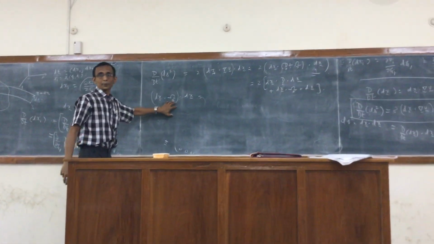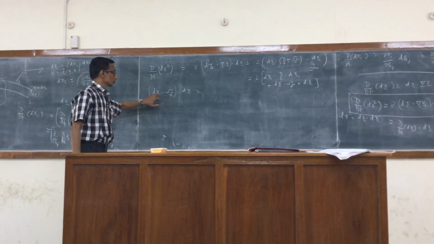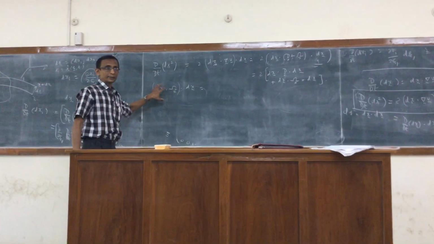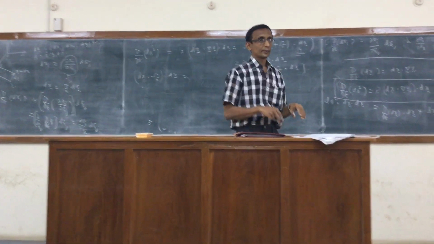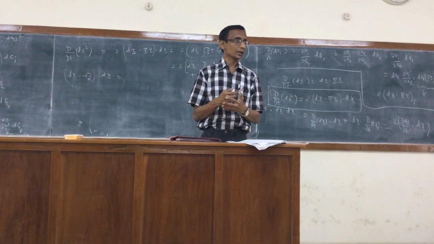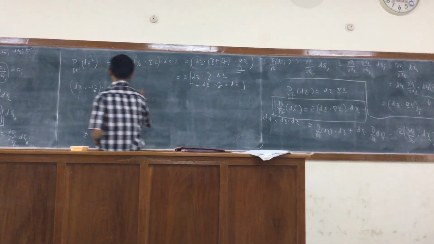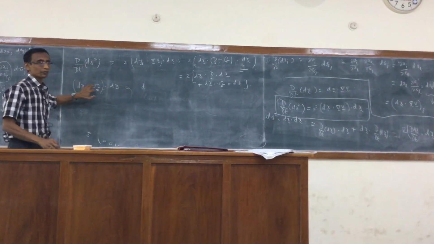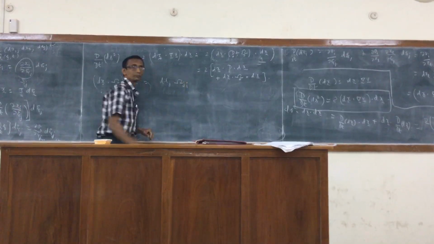But this vector is obtained by taking the dot product of a vector with a tensor. So I have to take the ith component of this, multiplied by each other, and take the sum from i equal to 1 to 3. Right? So I have dx, the ith component of this is dxj omega ji.